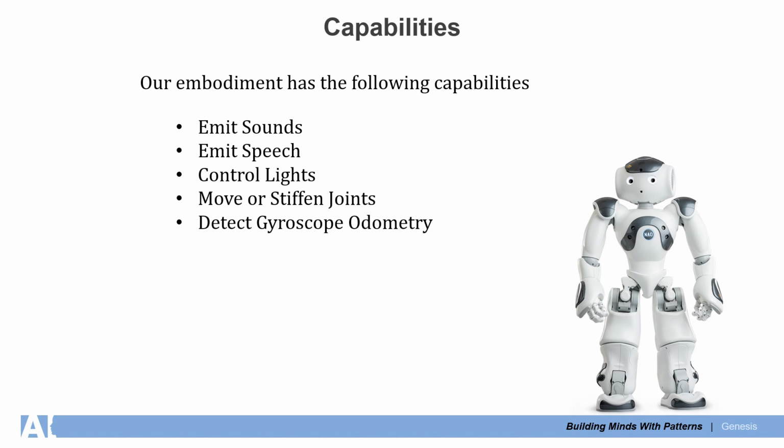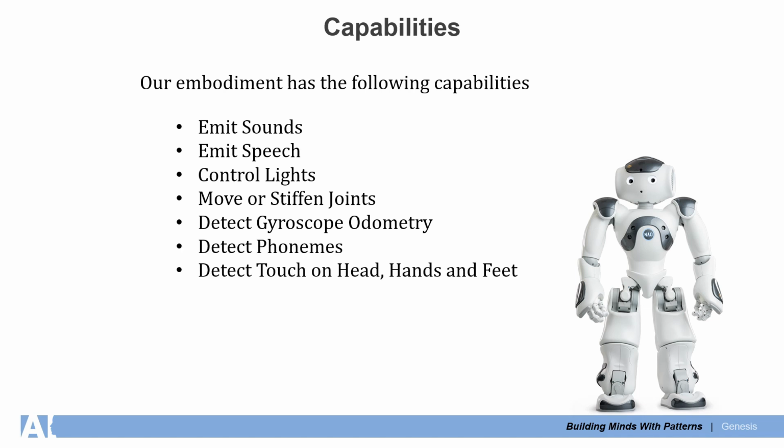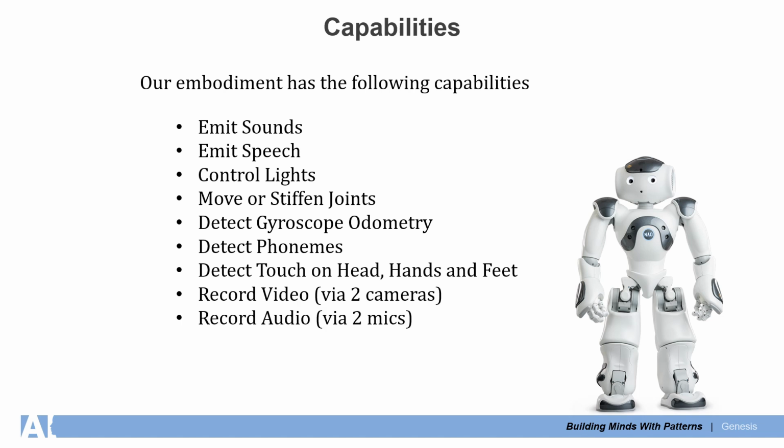It can detect the odometry of its internal gyroscope. It can detect phonemes. It can detect touch on its head, hands, and feet. It can record video. It can record audio. It can emit and receive sonar.